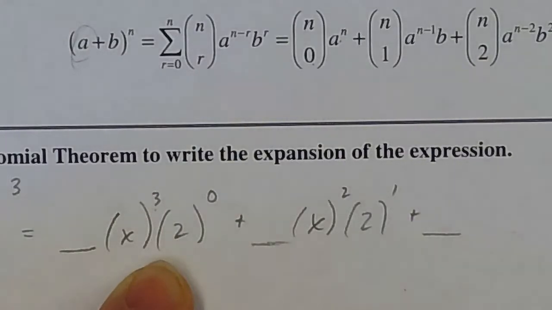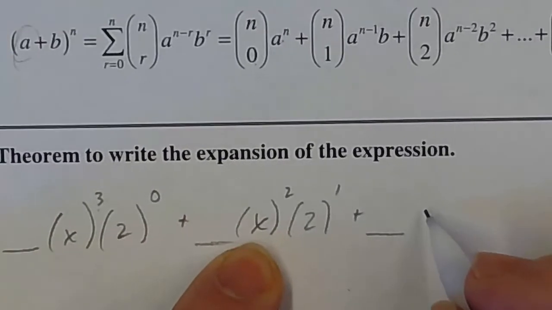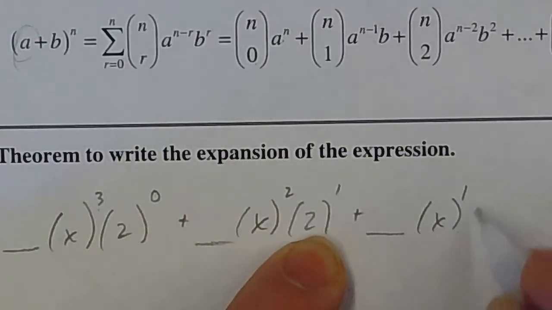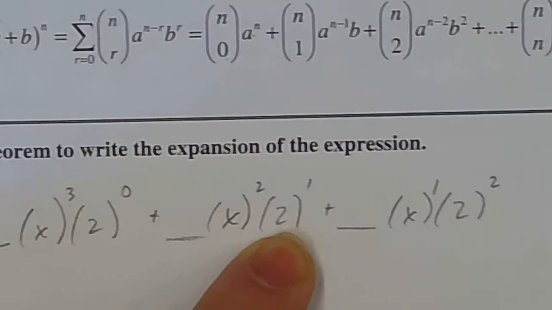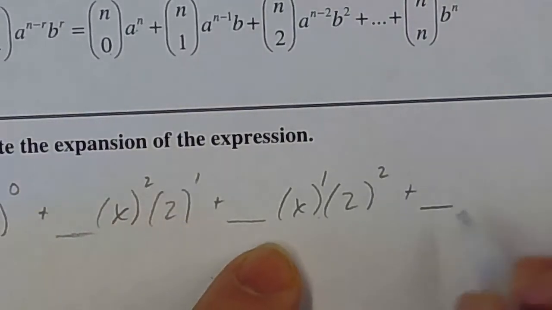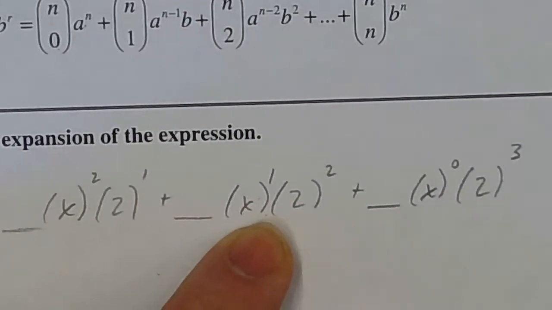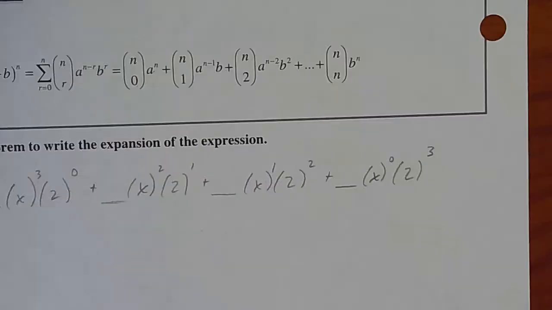Plus, write a spot for the coefficient. Keep that pattern going. So now this is going to decrease again. X is going to be raised to the 1st power, and 2 is going to be raised to the 2nd power. Okay, plus, spot for the coefficient. Now x is all the way down to the 0 power, and 2 is raised to the 3rd power. And that's when you know you're done.